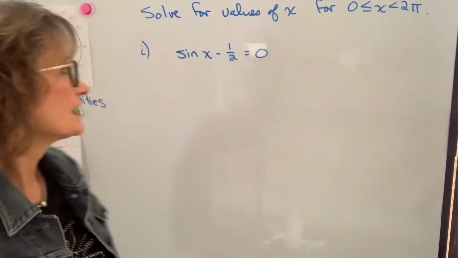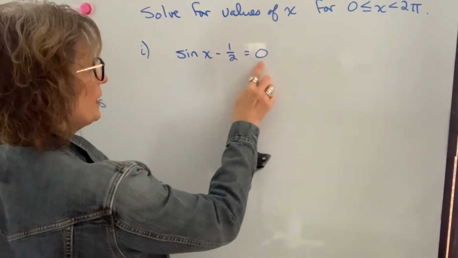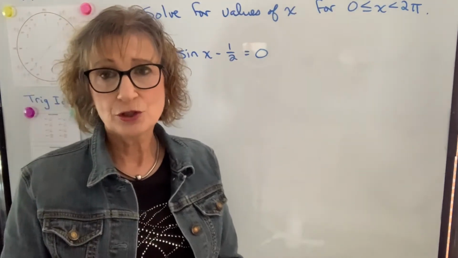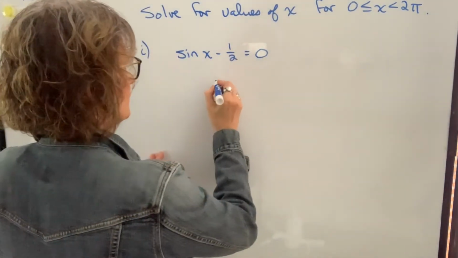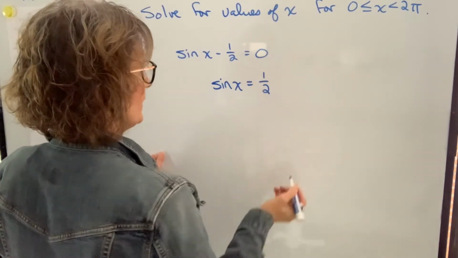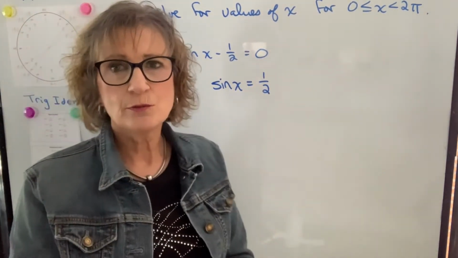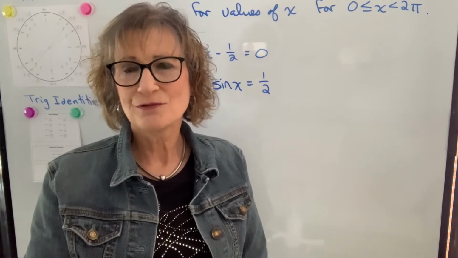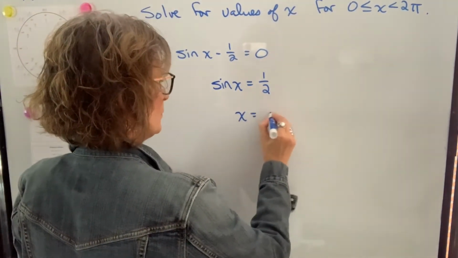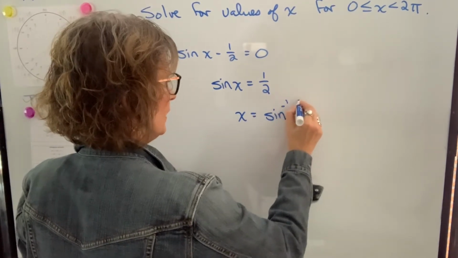So our first example, sine of x minus 1/2 equals 0. First of all, we isolate the trig term. So we're going to have sine of x equals 1/2. And then we solve this just like we were solving the inverse trig functions in an earlier video. x will equal the inverse sine of 1/2.